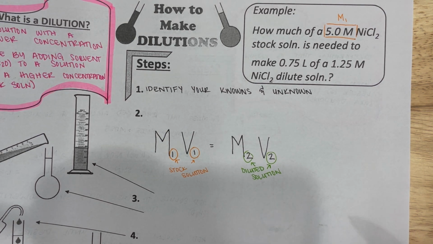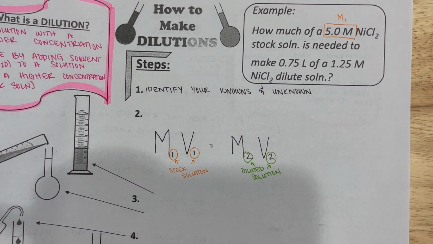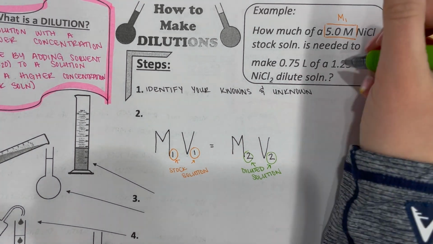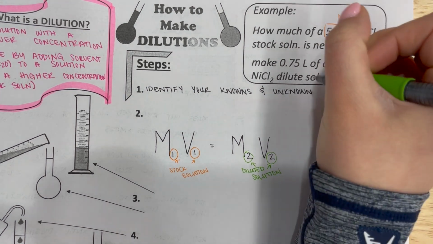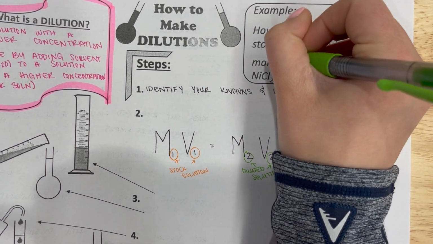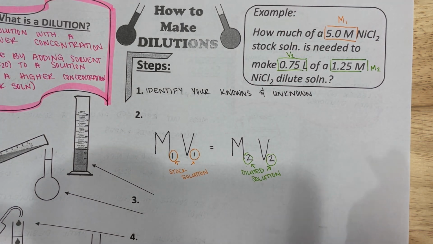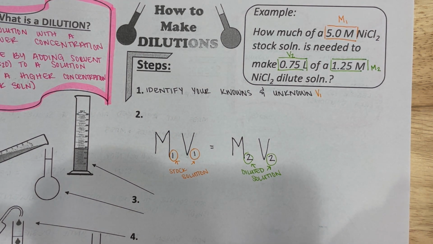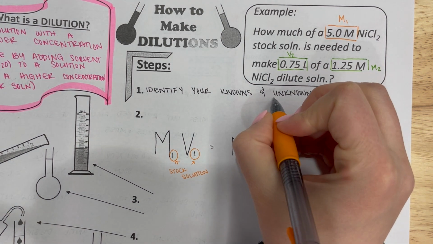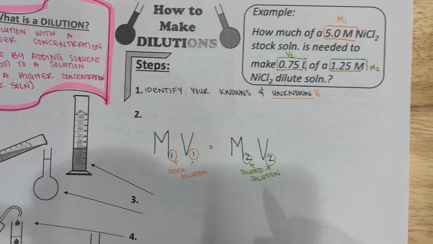Is needed to make 0.75 liters of a 1.25 molar nickel(II) chloride dilute solution. This is my M2. This is the volume that goes with that, which means what I'm missing, what I'm looking for, is my V1. That's my question. It's my question mark, okay? It's my unknown.